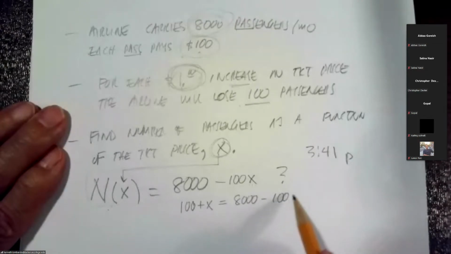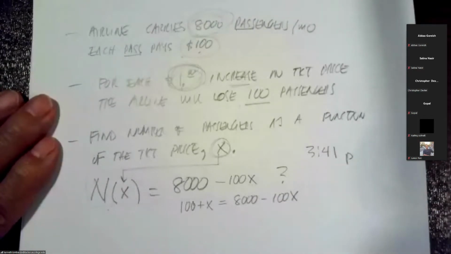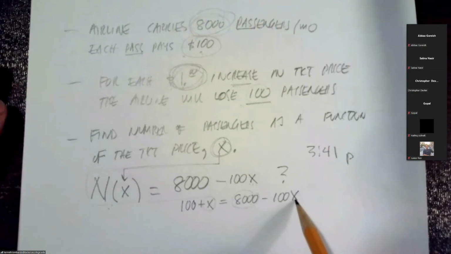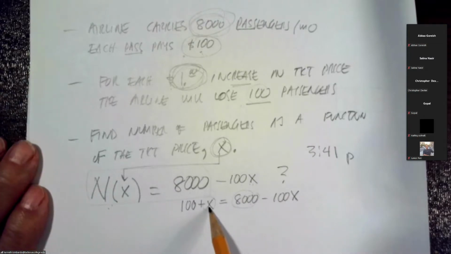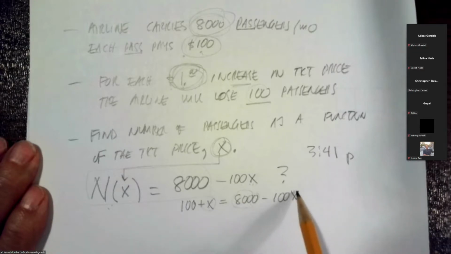And that says that the ticket price of $100 plus however much you increase it by, you set equal to a total of 8,000 passengers minus 100 of them for every dollar you're raising it by, which is still x. So x is both the increase in your ticket price and the number of passengers, you're losing 100 for every dollar.